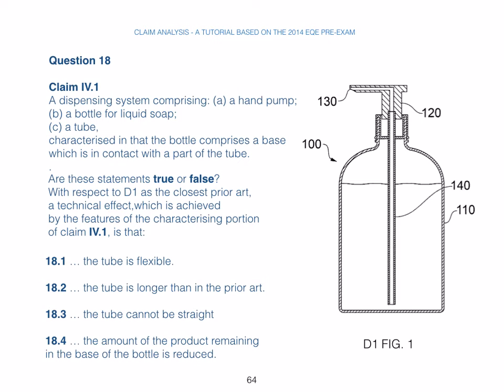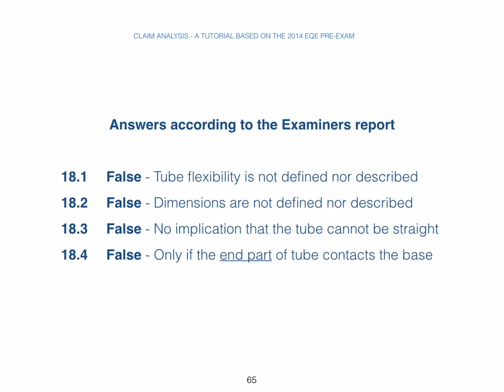So you have to answer whether this technical effect is produced by the feature of the characterizing part of the claim, namely that the bottle comprises a base which is in contact with a part of the tube. Does that produce this technical effect? True or false, and we'll go to the examiner's answers.